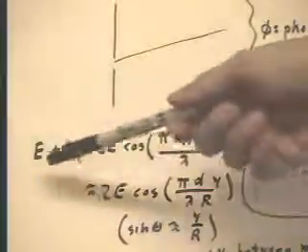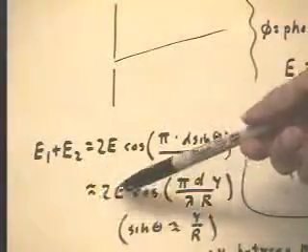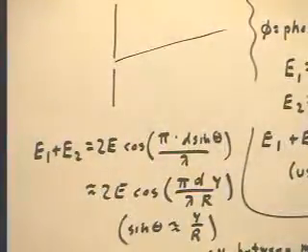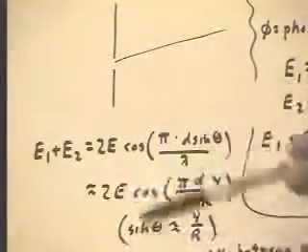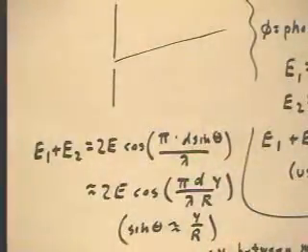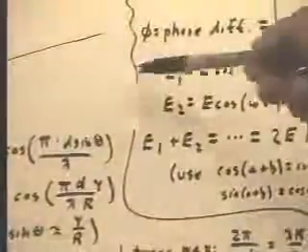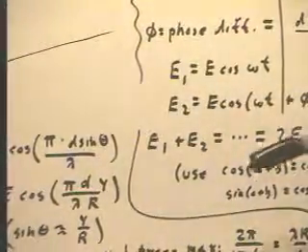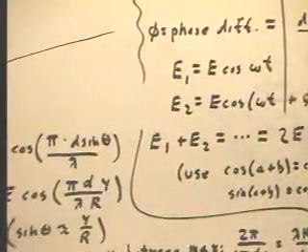So we see that the sum of the electric fields is just 2 times the electric field of one of the waves, because remember the waves are E1 equals E cosine omega t, E2 is E cosine of omega t plus phi.